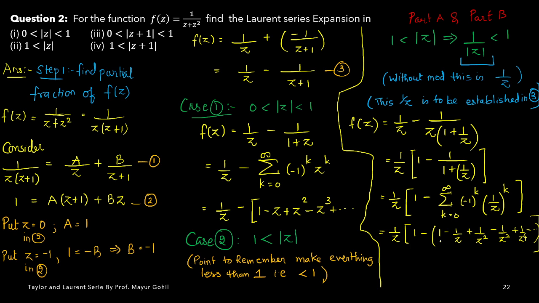So now you simplify it, what happens? Can you see this 1 minus, when you take this minus sign inside, 1 and 1 get cancelled, all the terms will get an alternating plus minus sign, and then there is 1 by z outside, right? So the final answer will be 1 upon z square, right?